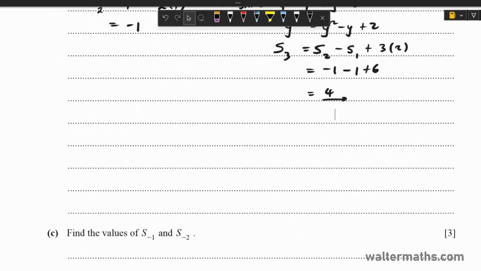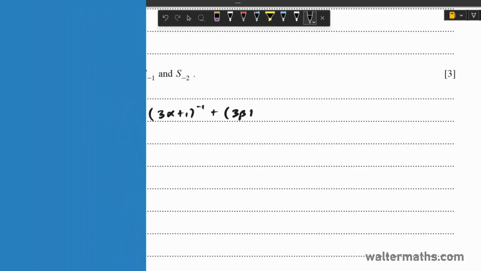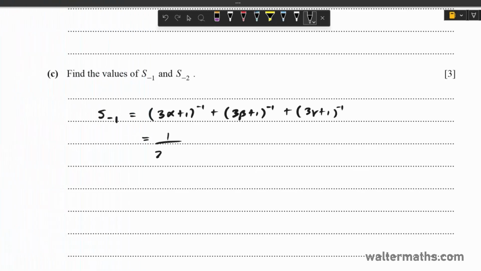Let's move on to part C. Part C, the question says, find the values of sum to minus 1 and sum to minus 2. Right. Let's start with sum to minus 1. Sum to minus 1 is the sum of (3 alpha plus 1) to the minus 1 plus (3 beta plus 1) to the minus 1 plus (3 gamma plus 1) to the minus 1, which is 1 over 3 alpha plus 1 plus 1 over 3 beta plus 1 plus 1 over 3 gamma plus 1.